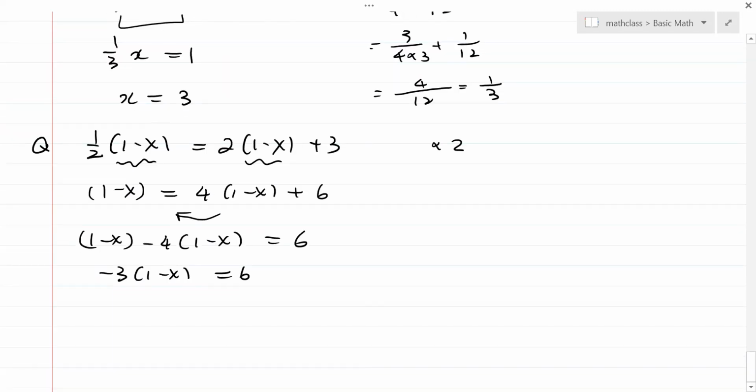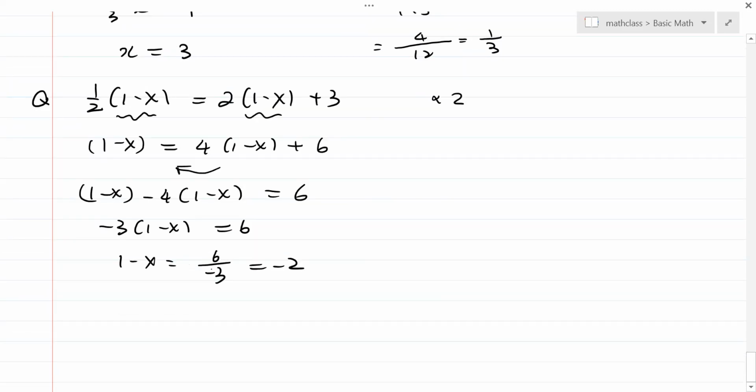You view 1 minus x as one single term. Then you divide both sides by negative 3, which is negative 2. Then you get a simple linear equation, 1 minus x equals 2. I can move 1 over to the right-hand side, and x equals 3.